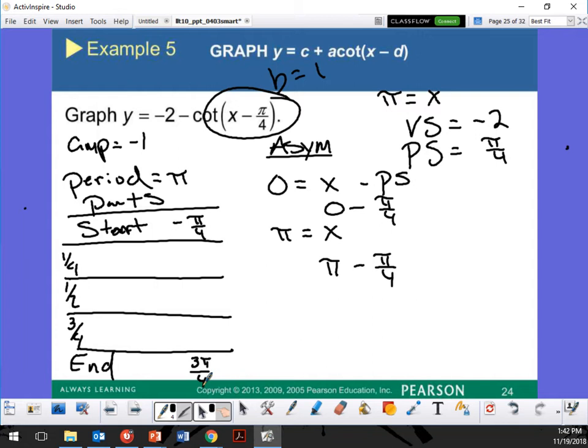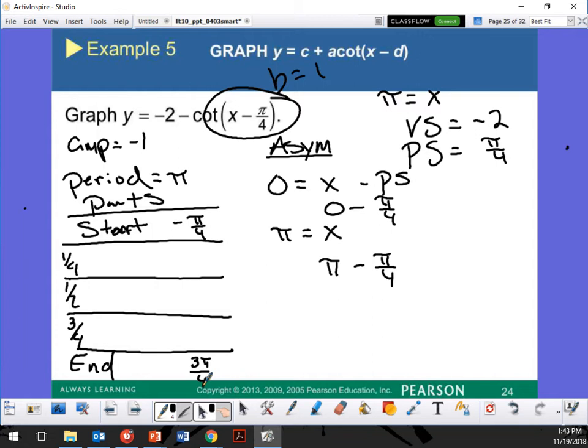So it's the same thing, start and end, but this time those are asymptotes, so I don't have to find a y value. An asymptote is a dotted line that goes all the way up and down, so I don't actually have to do an x and y. That's why this is slightly different from the other one. Does that make sense?